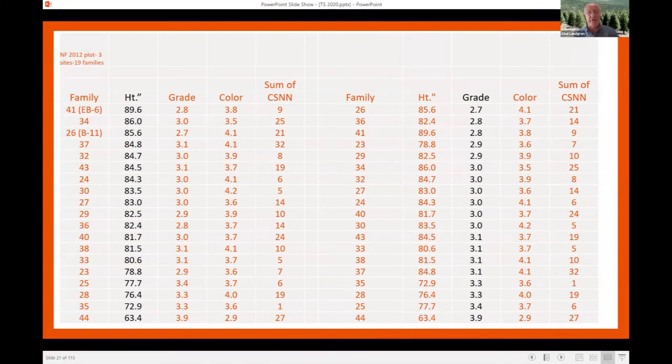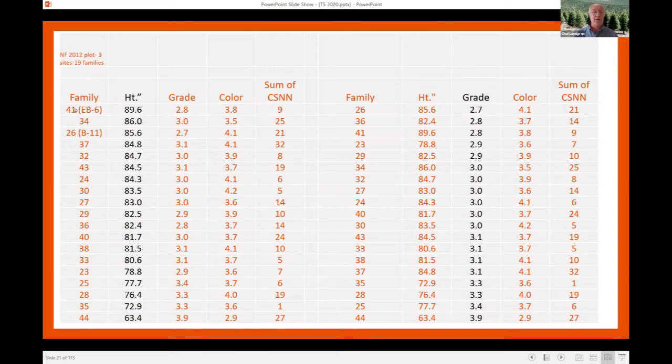And this is an average of 75 trees on 3 different sites over a number of years. So Edwards Butte number 6 was the tallest, had a pretty good grade, 3.8 is a good color, and a low number for needle necrosis.